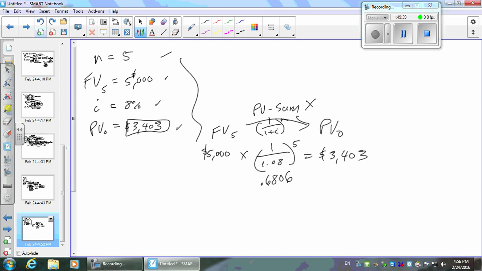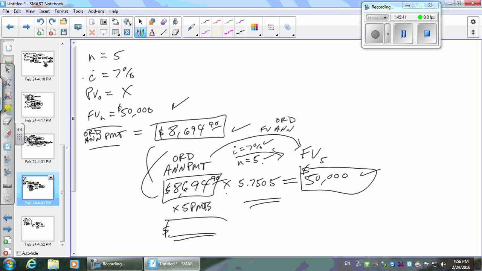I should have done one other thing back here. I should have said what the total payments is. Because it looks like 8,694 is 50,000. No, it's not. What's 8,694.90 times 5? This was on the annuity, right? 8,694.9 times 5 payments.